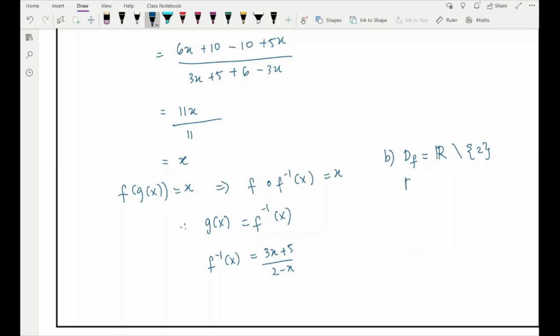And for the range of f inverse, it is equal to all real numbers except negative 3. Because we can get 3 over negative 1, that's why we get all real numbers except negative 3.